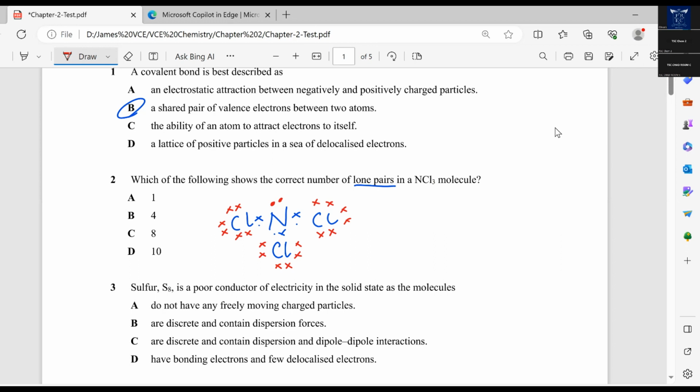So you're going to have 10 lone pairs. A number of you who made mistakes missed out these lone pairs. What is generally the number of lone pairs?